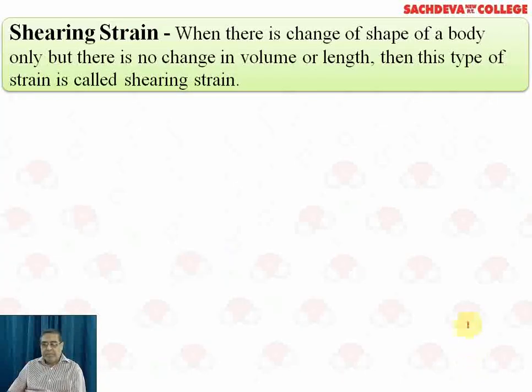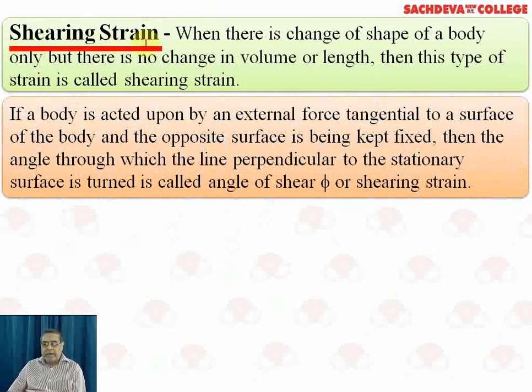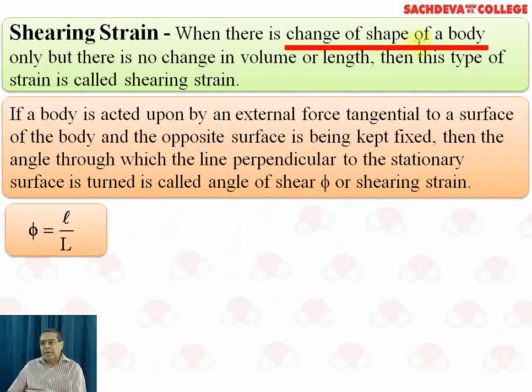Now we come towards the shearing strain. The main concept is when there is change of shape of the body only, but there is no change in volume or length, then this type of strain is called the shearing strain.